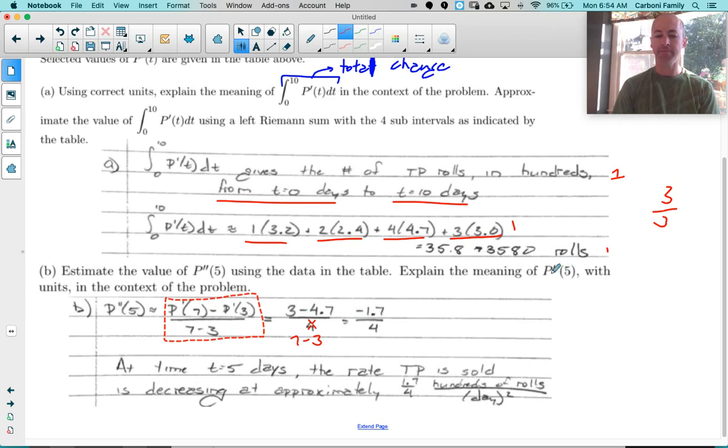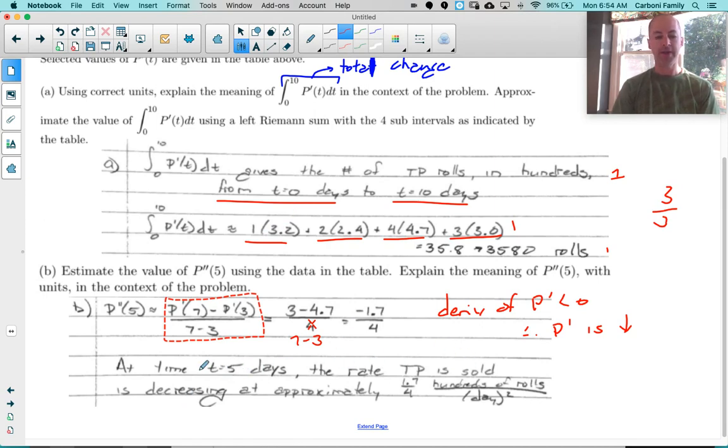It does say explain the meaning. So we found a derivative. It's technically the second derivative, but what I found is that the derivative of p prime was negative. That means that p prime is decreasing. That's my thought process, except I can't say p prime. I have to put in words what p prime is, and they described p prime as the rate that toilet paper is sold.